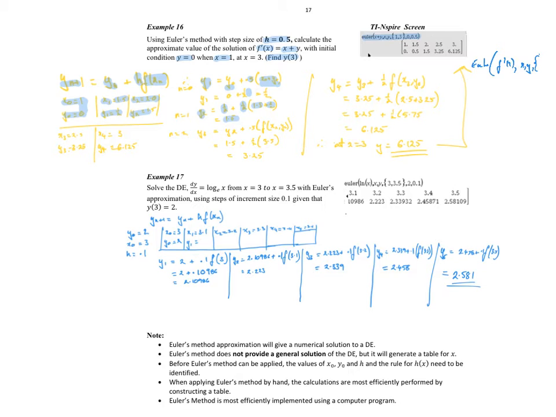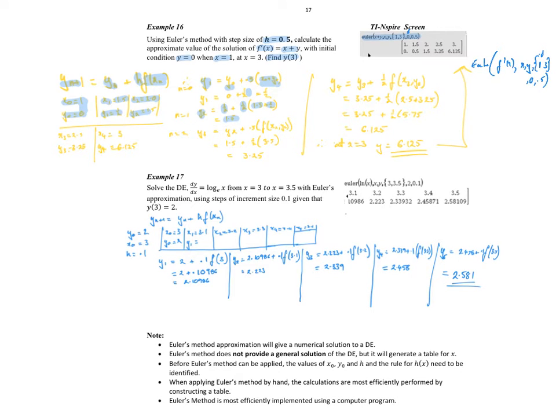So we want to work from 1, which was our initial x value, up to 3, which is the final one we're interested in, comma. If 1 is my first value, what was the y value at that point? That was 0, which is that 0 there. And then we have the step size, which is 0.5.